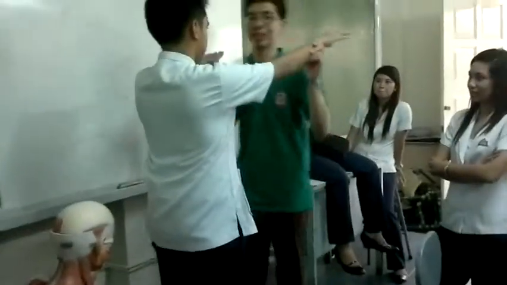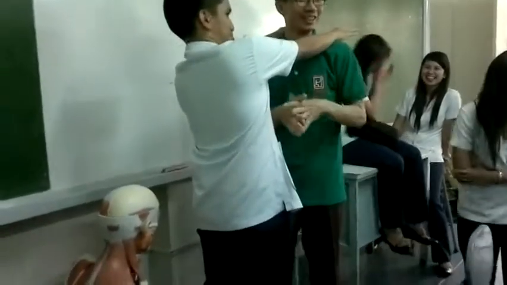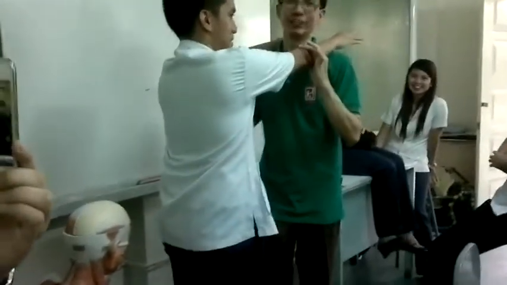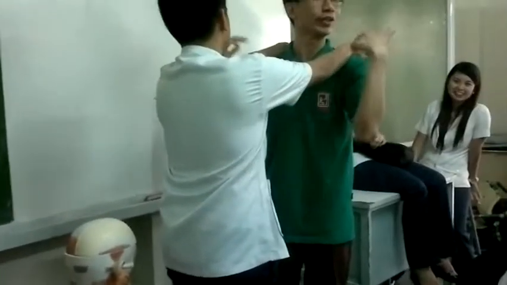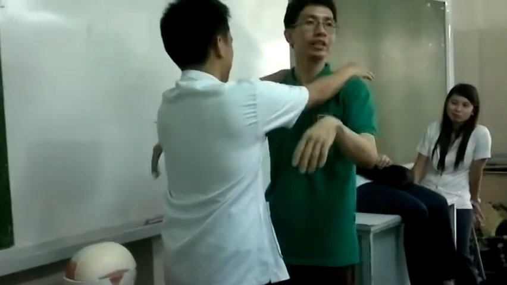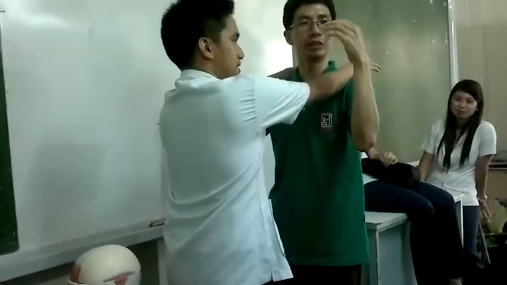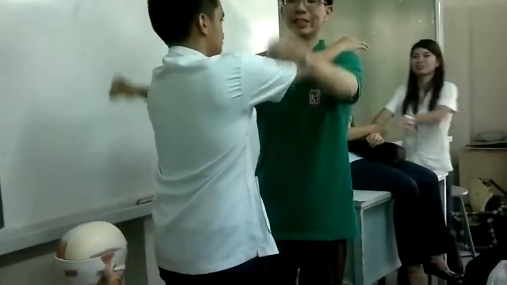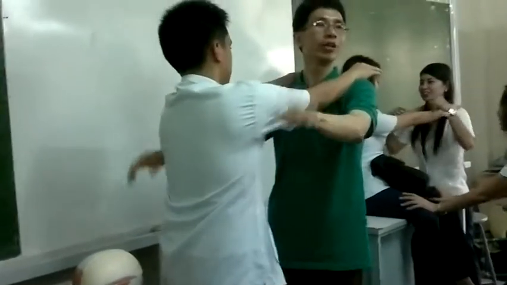Or you can do it like this. Face here, sir, and place your arms here. So what the patient will do, you can instruct, sir, try to place pressure on my shoulder, or try to put a force on my shoulder.